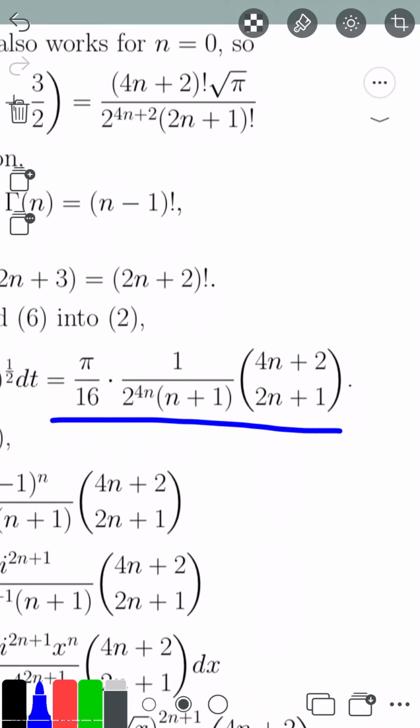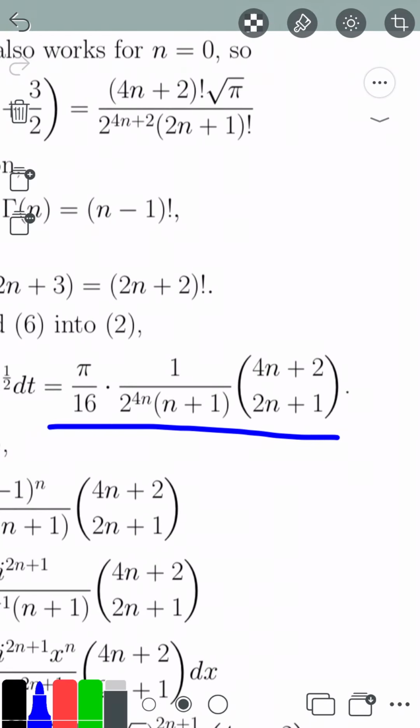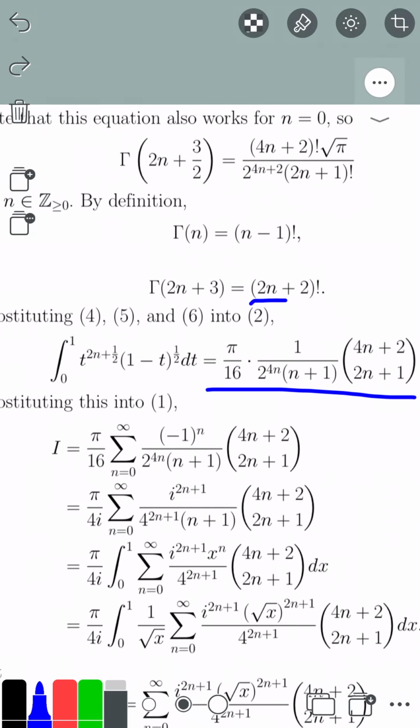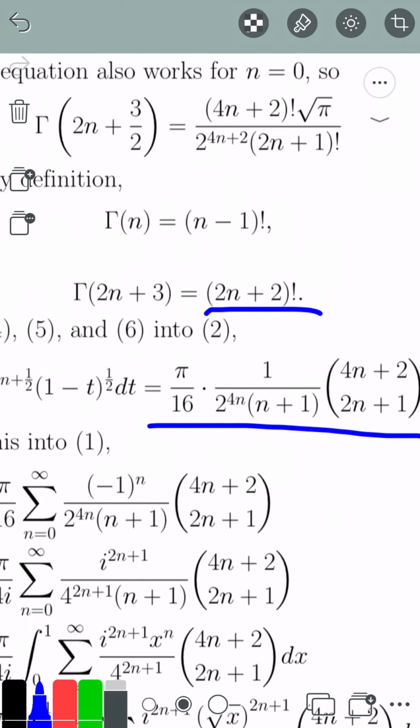And why this is the case is because we got the 4n plus 2 factorial in the numerator here, and in the denominator we got 2n plus 1 factorial, and we got 2n plus 2 factorial in the denominator from the gamma of 2n plus 3.